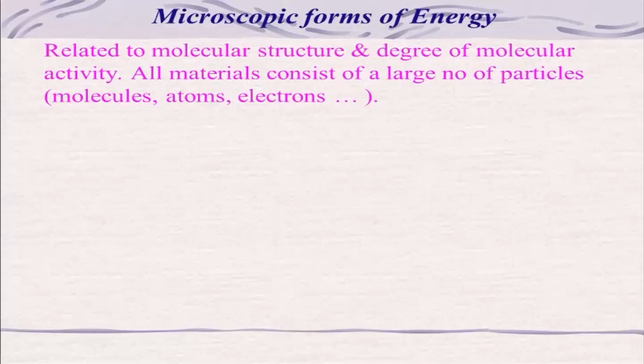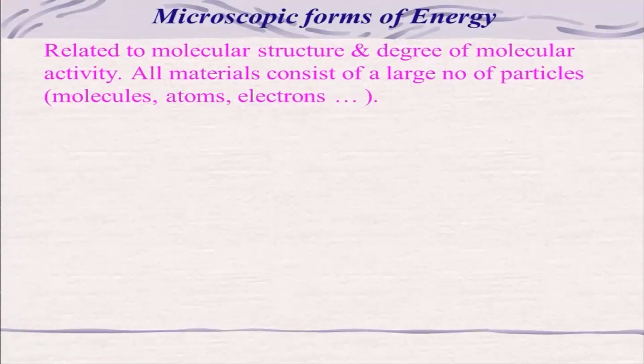However, I will just try to give you the flavor of the various microscopic forms of energy. This, as I told, is related to the molecular structure, whether it is a monoatomic, diatomic, polyatomic or triatomic molecule, and its interaction with others; basically the degree of molecular activity is important for this energy.